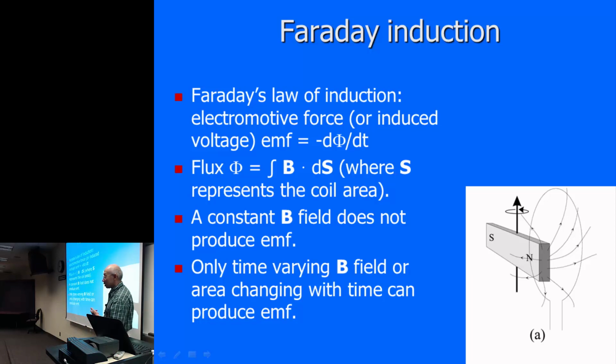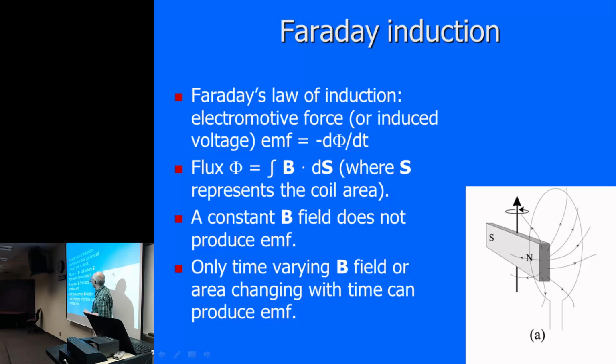But if I didn't move this bar magnet, and it just stays like that, then there will be no current induced in this loop. Nothing is really happening except that I have the bar magnet and a static field distribution in the space.